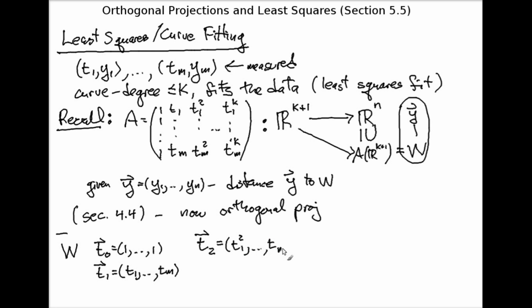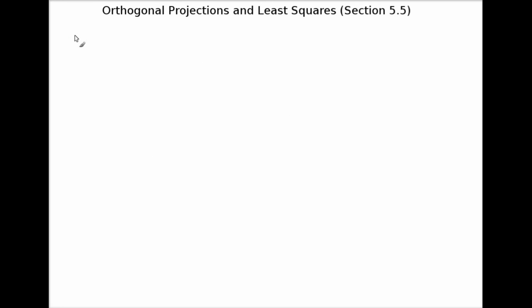Okay, so up to Tk, that's the k plus 1 vectors which span W. Okay, so we have this subspace W. It's spanned by these vectors T0 through Tk. There's k plus 1 of them, so the dimension is k plus 1.